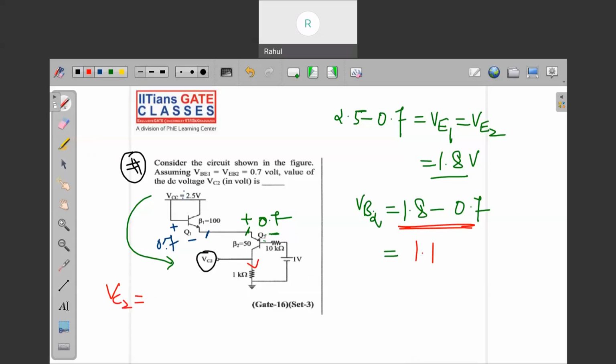Vc2 will be IC2 into 1 kilo ohm. This is the answer, so we need to find IC2. Please try this question. This is a very good question, so you can answer this kind of question.